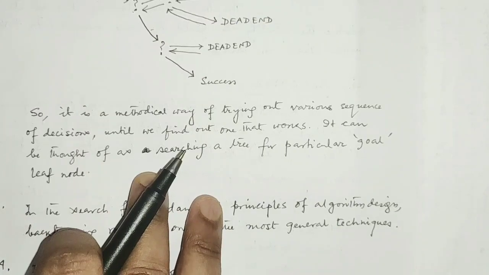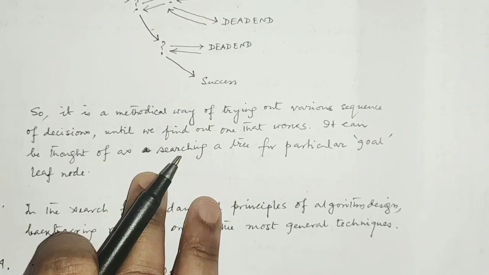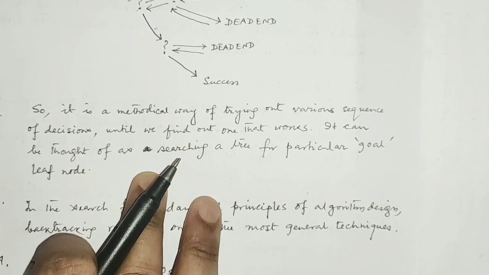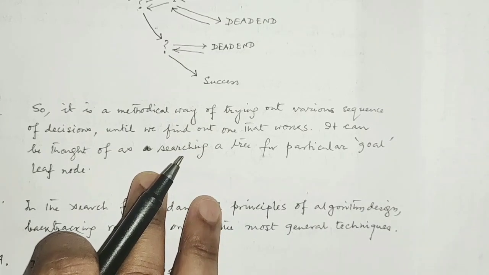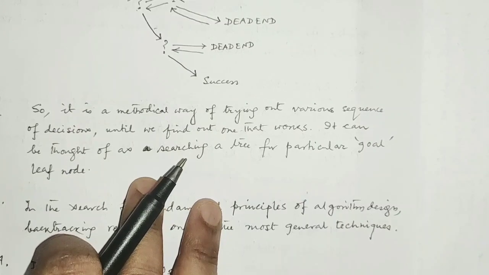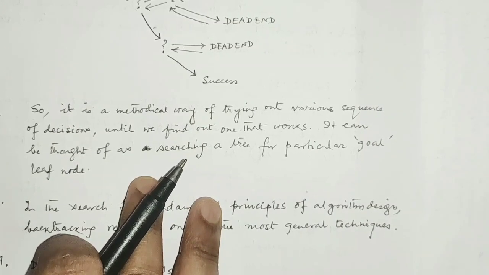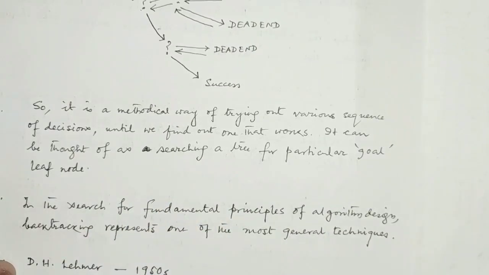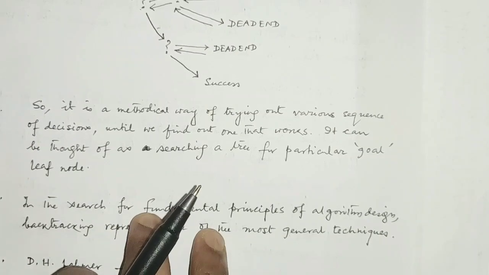Okay, so these are the preliminaries of backtracking. We can say that it's a methodical way of trying out various sequences of decisions until we find one that works. In general, sometimes the algorithm which backtracks with intelligence is also called backtracking.